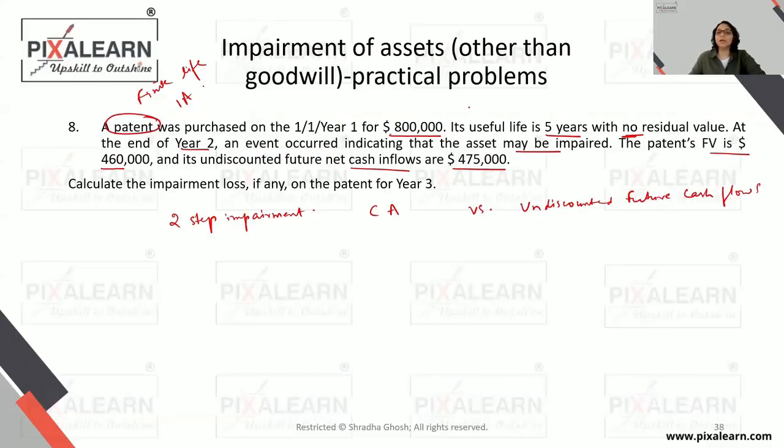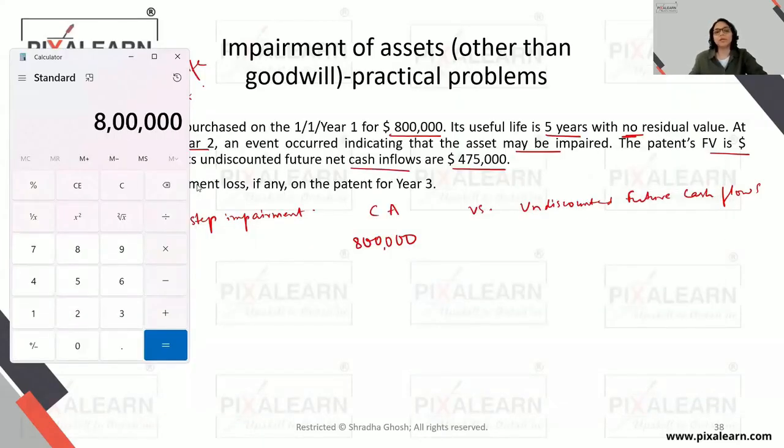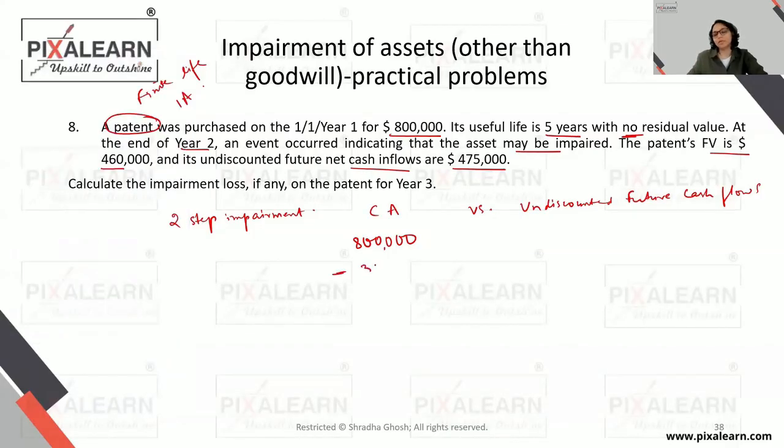Can anybody tell me quickly what is the carrying amount of this asset? I bought this asset at 800,000 in my books. I'm going to amortize it over a period of 5 years and I have used it for 2 years. So my amortization becomes $320,000. How did I get this figure?